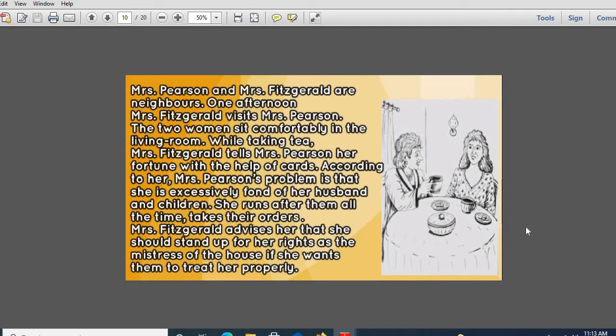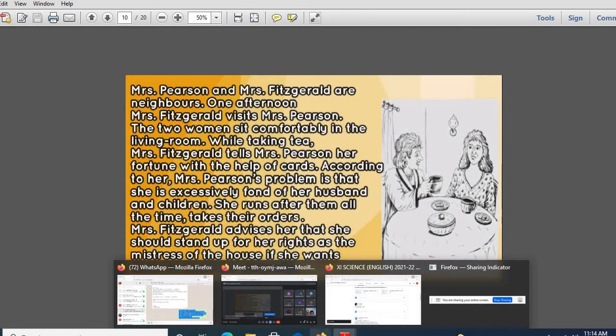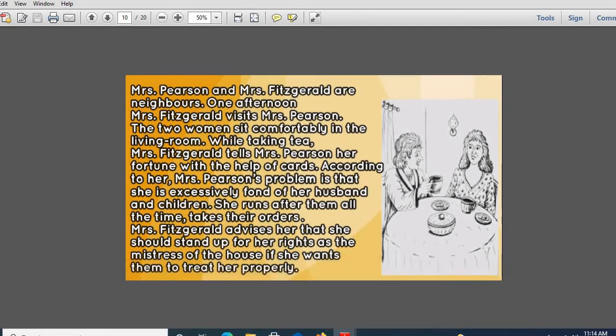Every time she was at her toes, I repeat, in order to serve them. Serve whom? Her family members.